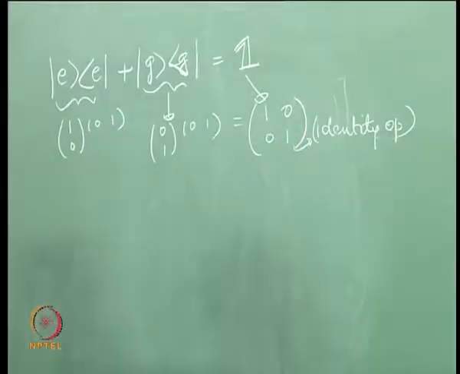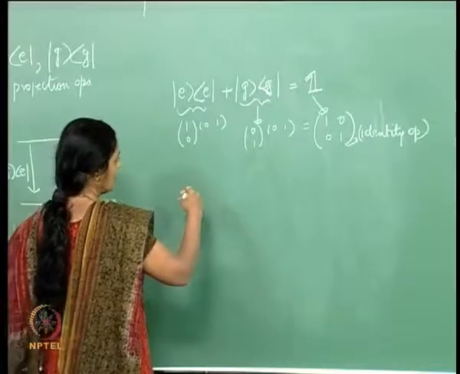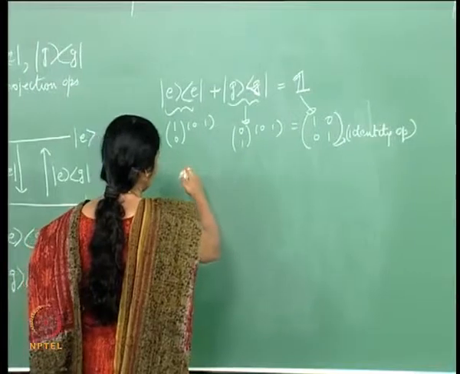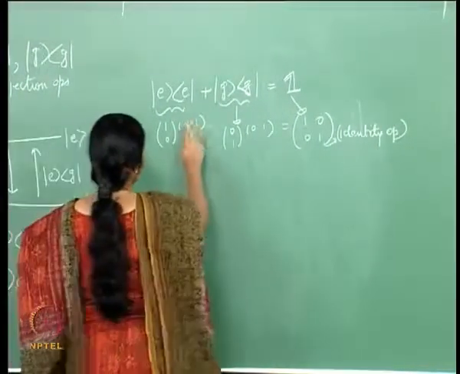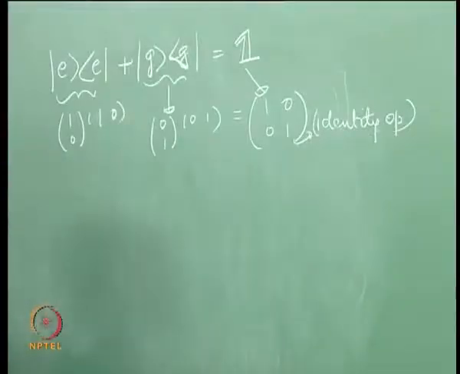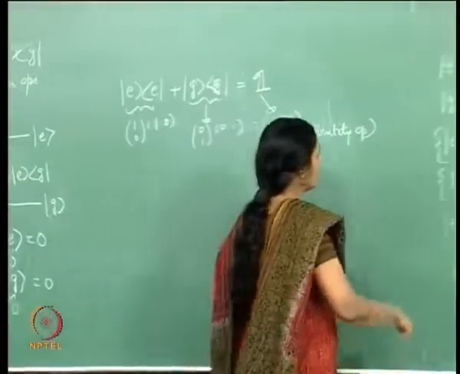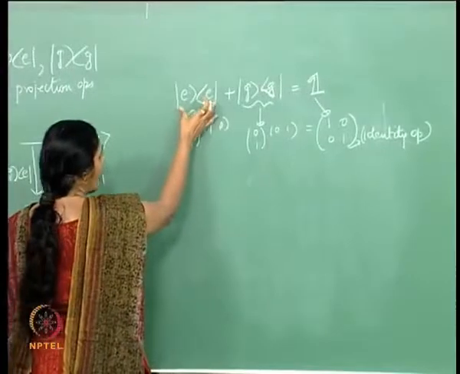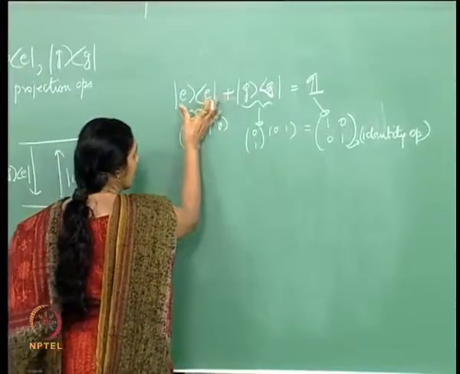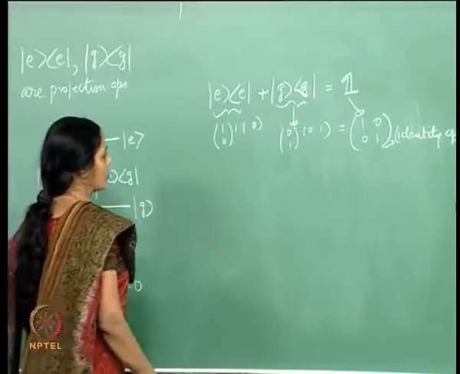That's the identity operator. So you see, the sum over operators formed like this from the basis states adds up to the identity.